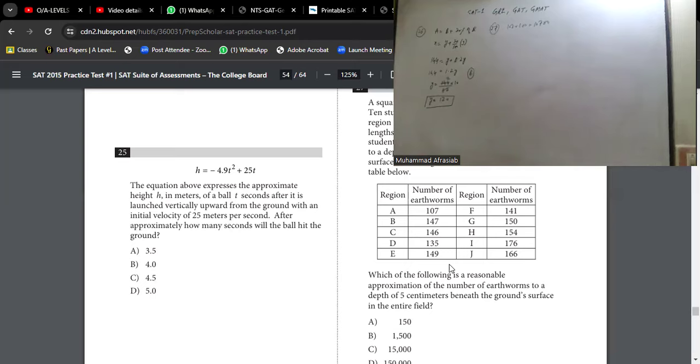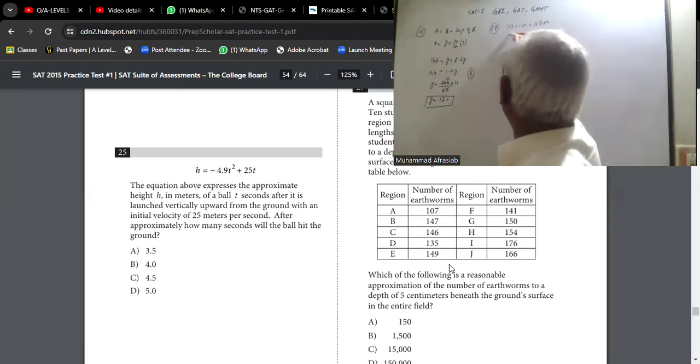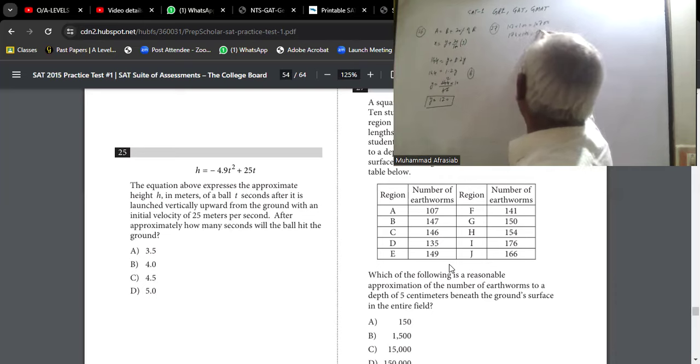And the highest part is given there, because we are going to show the approximation, and the highest there is 176, which is the I part. So it should be equal to 176 into 100, that is equal to 17,600 there.